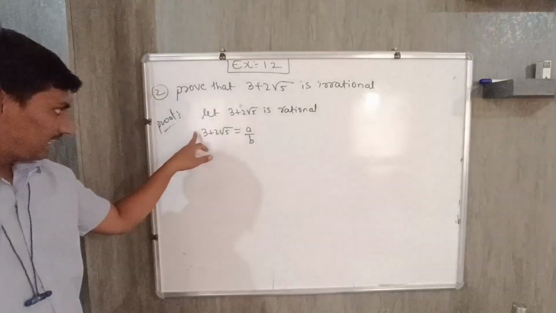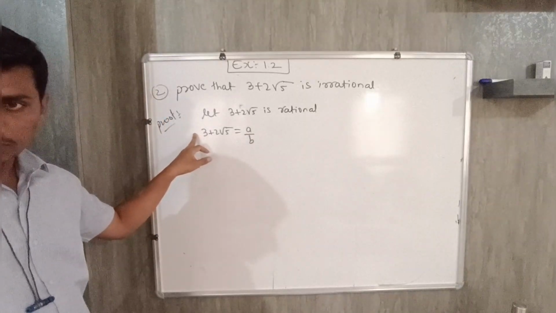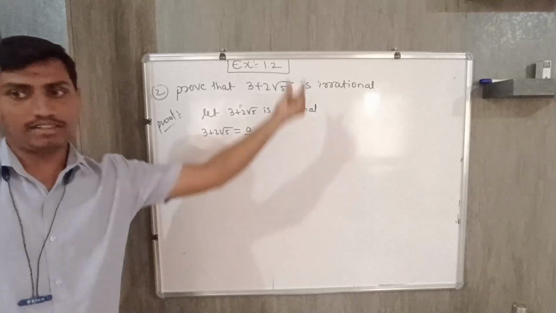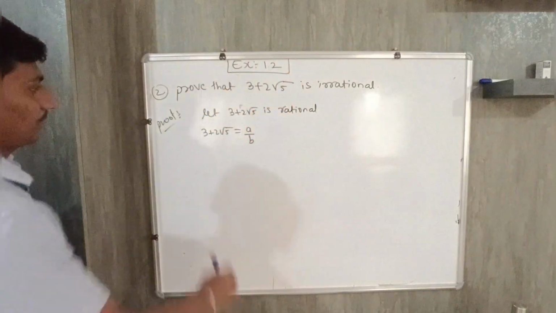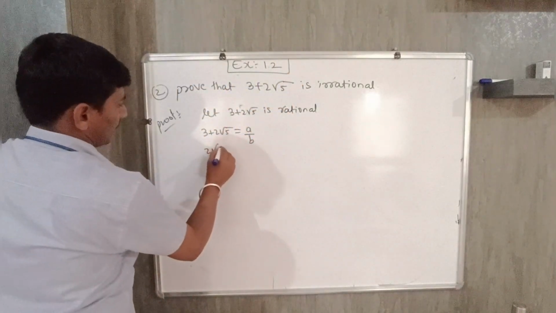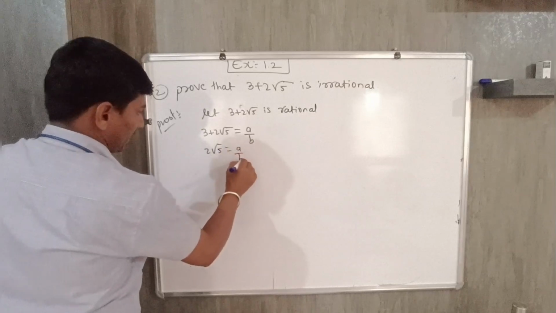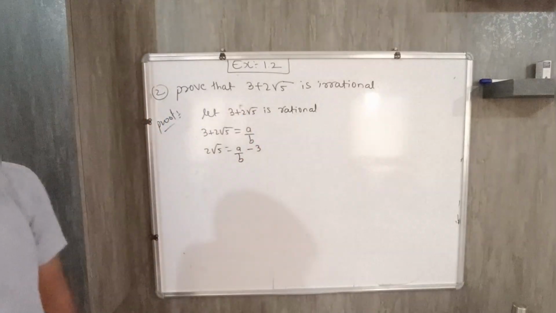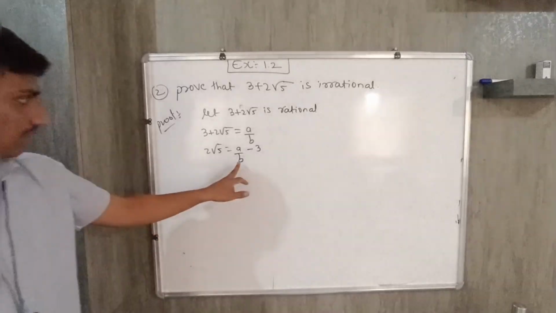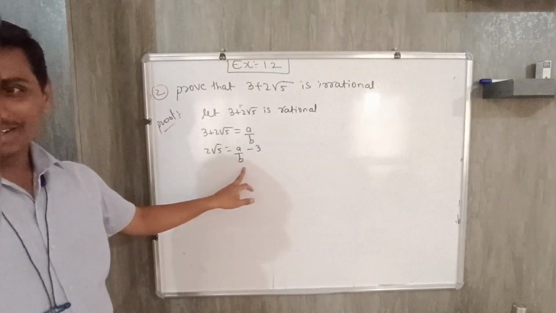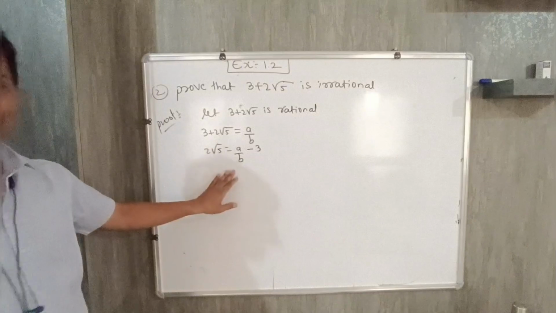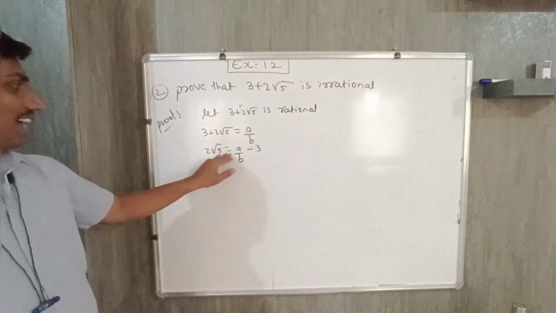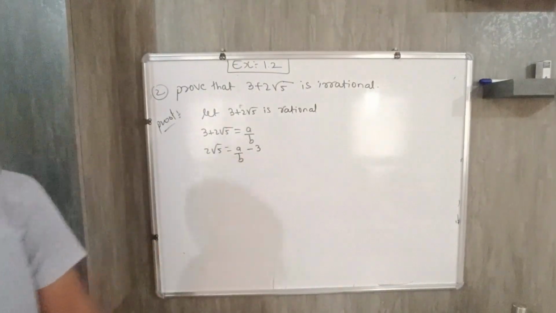So here 3, which sign here? Plus. So plus 3 take the other side, minus 3. So 2 root 5 equal to a by b minus 3.